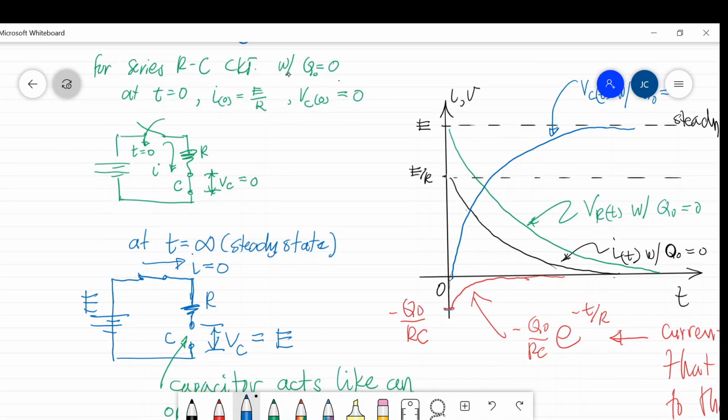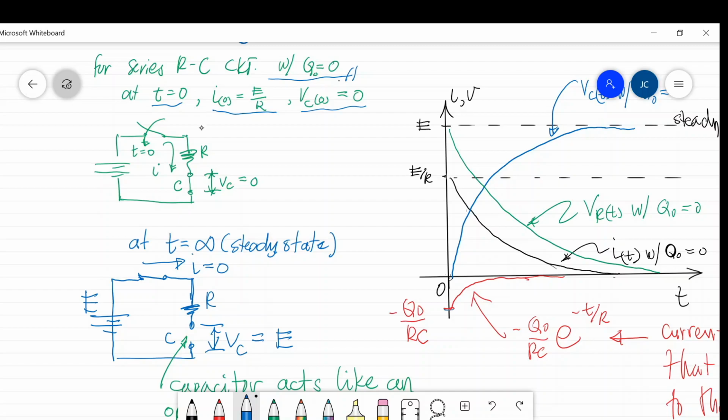Consider that for a series RC circuit the charge is 0 at time 0. Therefore the current in the circuit at time 0 is E over R and the voltage across the capacitor is 0.